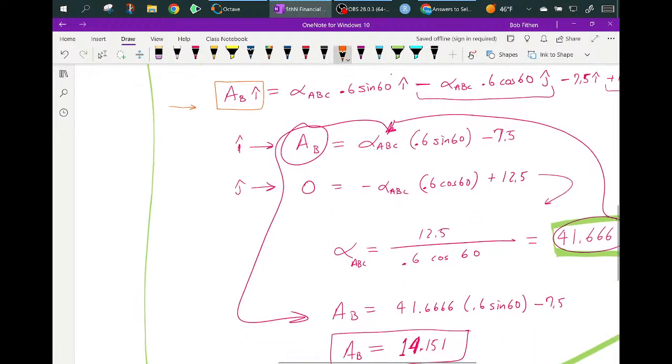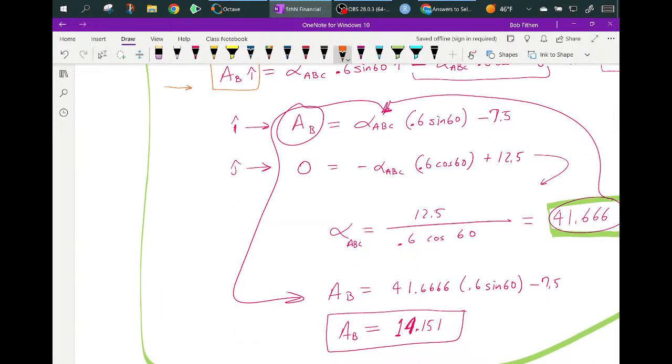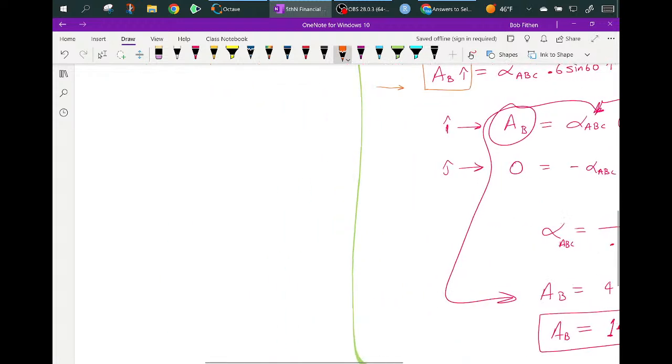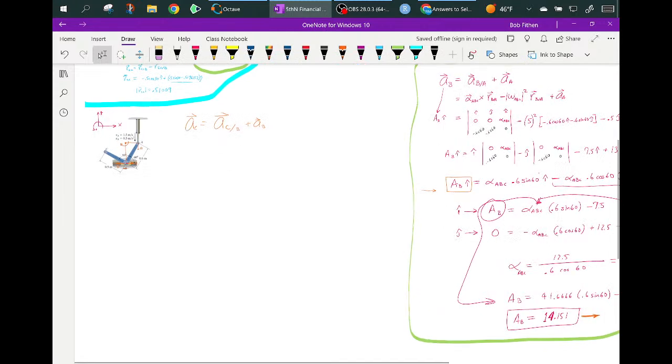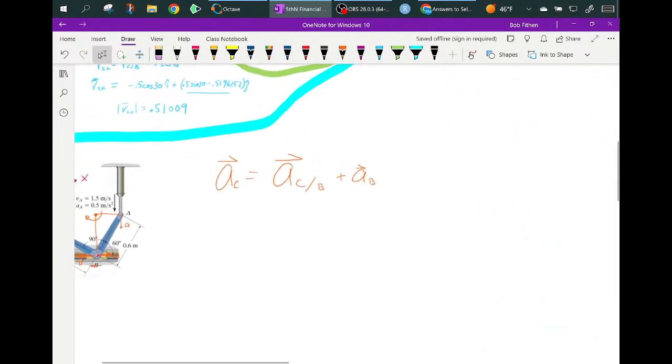In fact, I get a positive number, so therefore the acceleration of B is in fact going that way. A little bit different, but a subtle point that visually is incomprehensible. Okay.